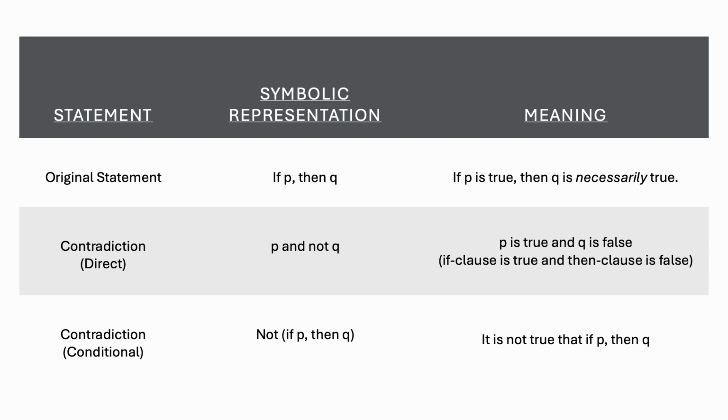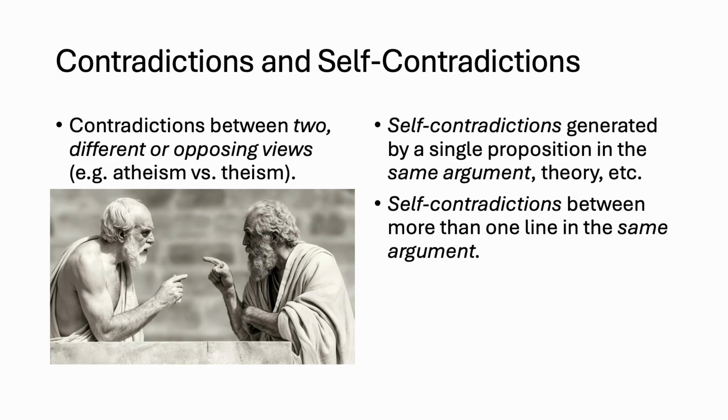It's not the case that conditional holds, right? So got to keep that in mind. The contradiction of a complex proposition is the negation of that whole complex proposition, not just the negation of a single component of it. And what we're looking for are contradictions. There's a difference between contradictions and self-contradictions, right?